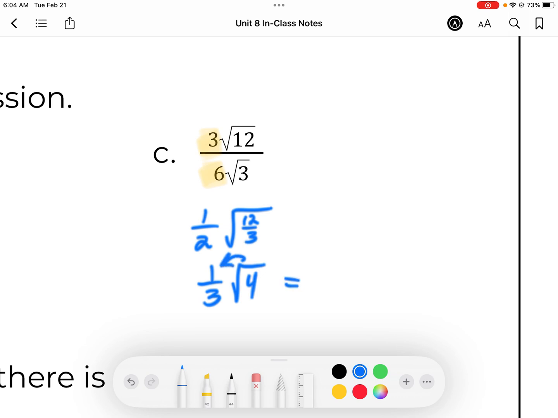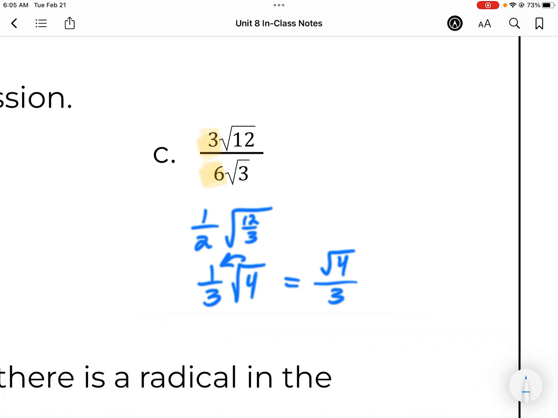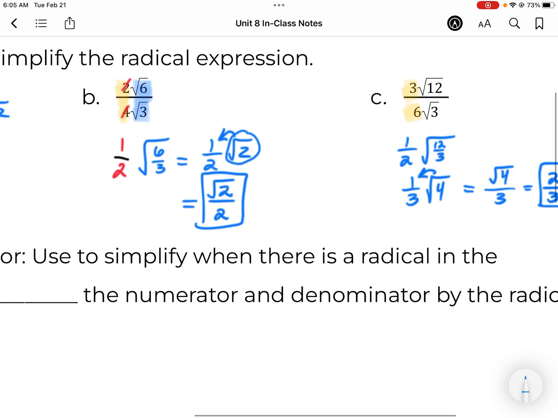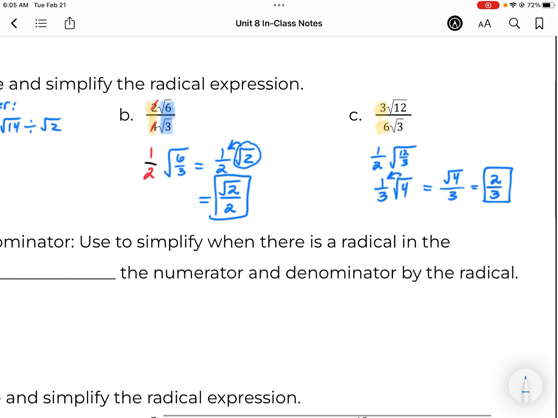Now, the square root of 4 times 1 is just the square root of 4, and that's all over 3. Now, this would seem like our final answer, except the square root of 4 shows us 4 is a perfect square. 4 has an exact square root, an integer answer. The square root of 4 is just 2, so I'm going to simplify that. And the bottom number of my fraction stays 3.